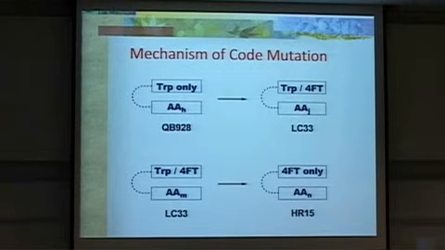And then the next step: if this residue can work with either TRP or 4-fluoro, and if this amino acid mutates further to another residue, changing the context so that tryptophan can no longer function and it can only function with 4-fluoro, then this mutant can no longer grow on tryptophan. So this is the mechanism we believe is happening to bring about this kind of selection of amino acid for the proteome.